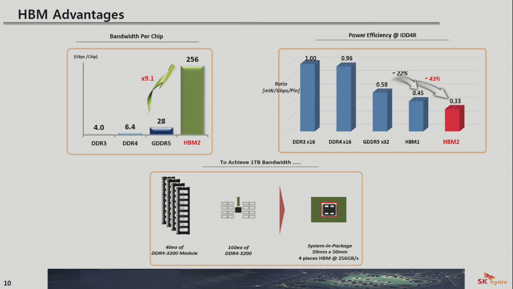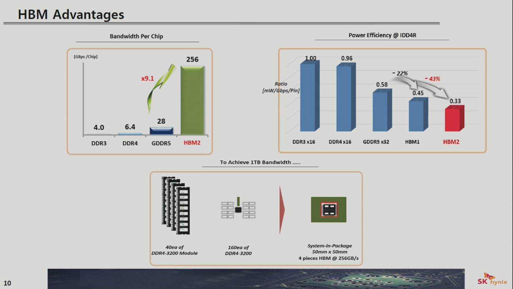A lot of the processors today and going forward commonly require memory subsystem bandwidth to exceed even 1 terabyte per second. Today, to implement that solution, you would need to use 40 DDR4 modules running at 3.2 gigabits per second.